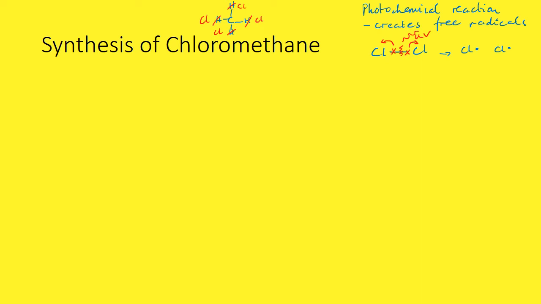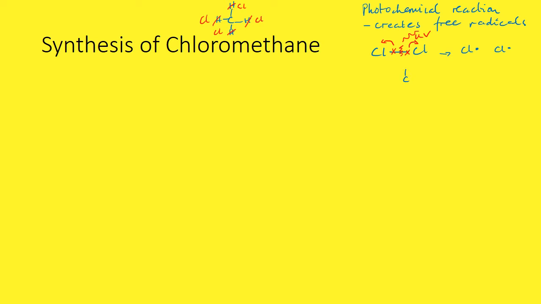So a free radical is an atom or a molecule with an unpaired electron. And in chlorine's case, it's just the same as a chlorine atom. A chlorine atom is a chlorine free radical. But let's do methane as well.